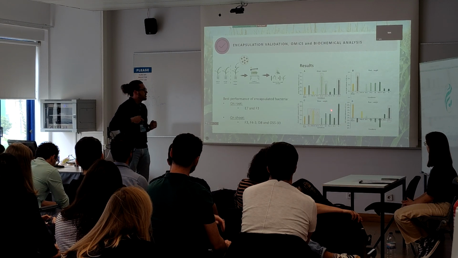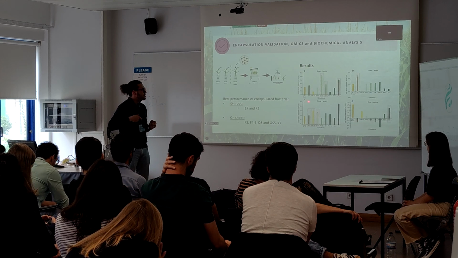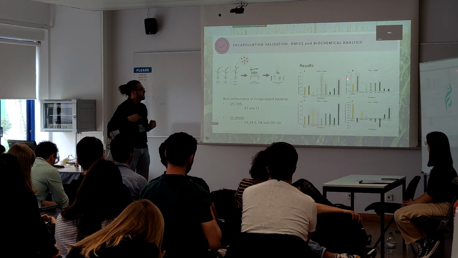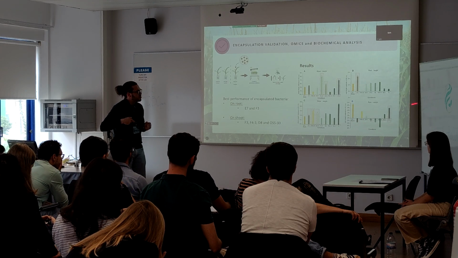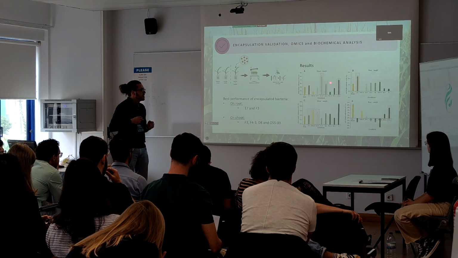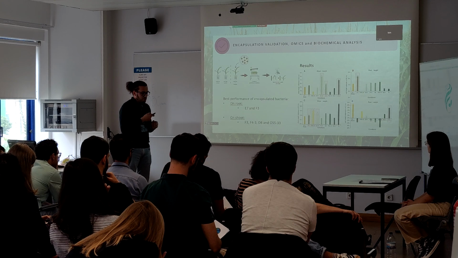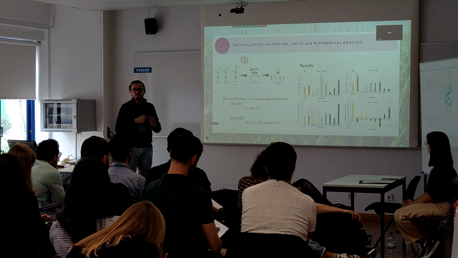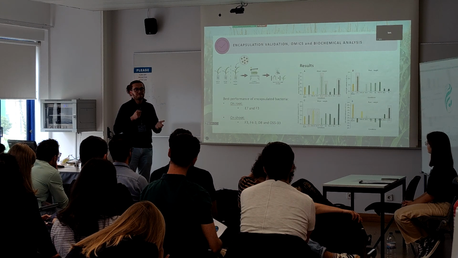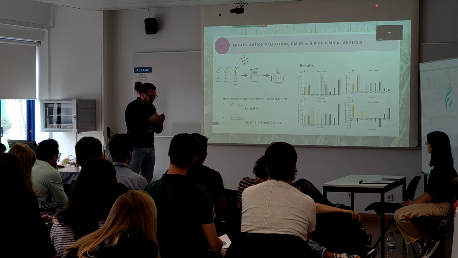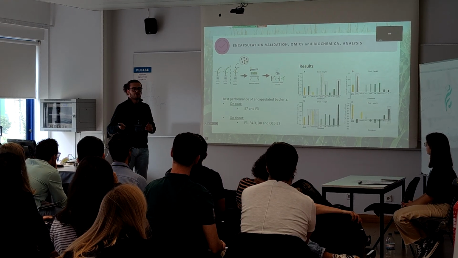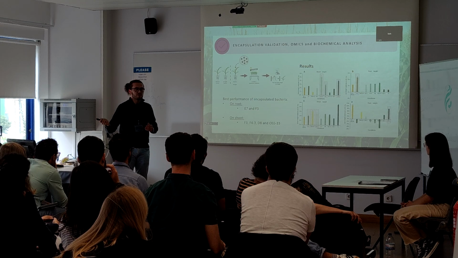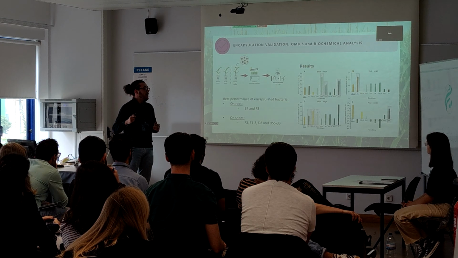F3 is the one that shows the best results for the shoot, and in the root, E7 and also F3 show good results. I also performed biochemical analysis. I didn't put it here because I think I'm taking too much time, but the major difference I saw is an increase in sugar content and also proline content compared to the drought control.